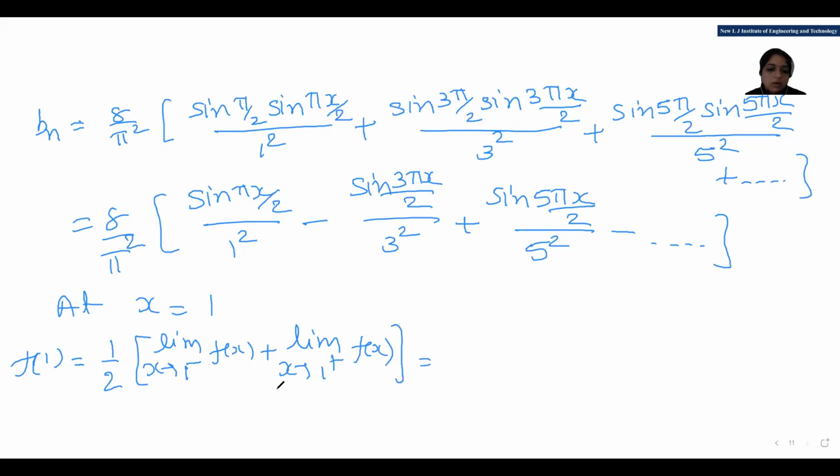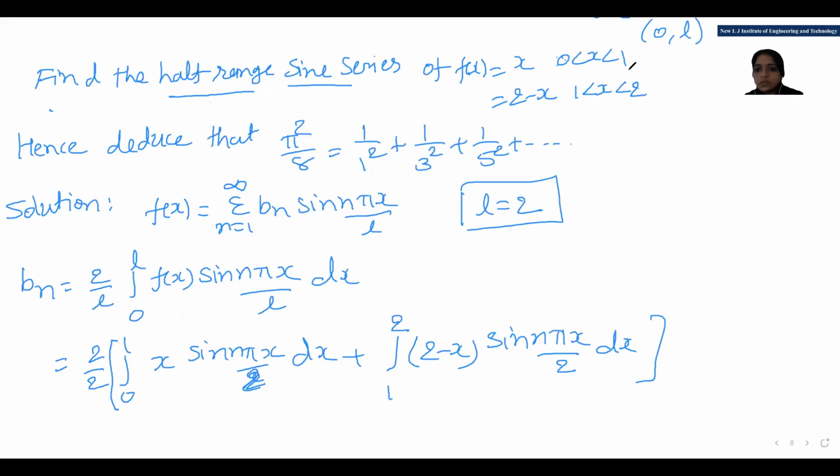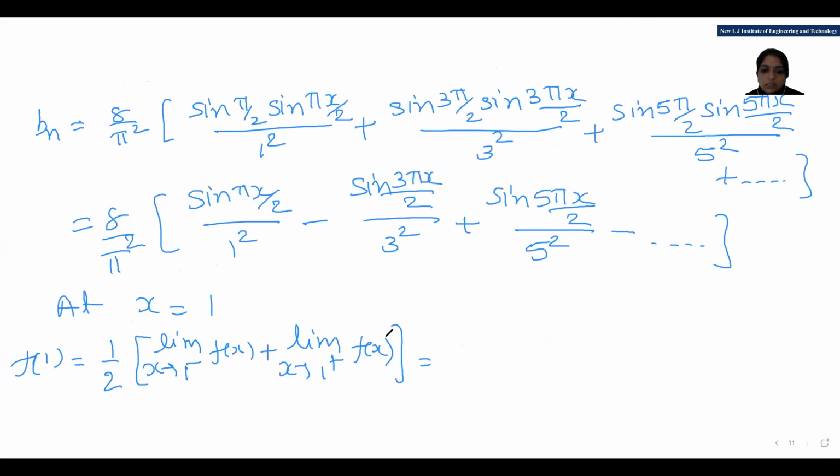limit x tends to 1 minus f of x plus limit x tends to 1 plus f of x. If we take x tends to 1 minus, for 0 less than x less than 1, our function is x. If we put 1 in place of x, our left hand side value is 1.